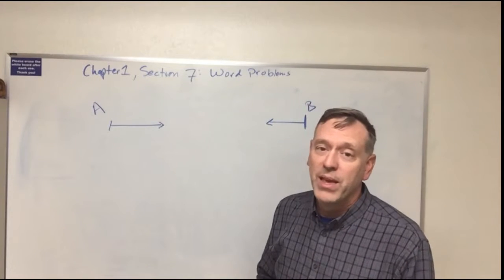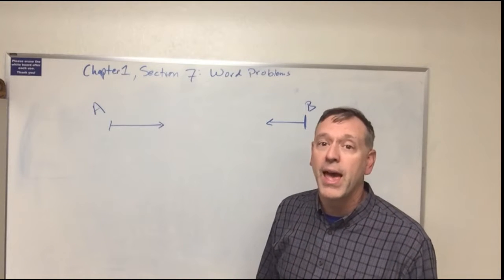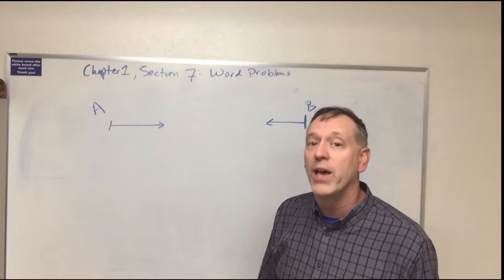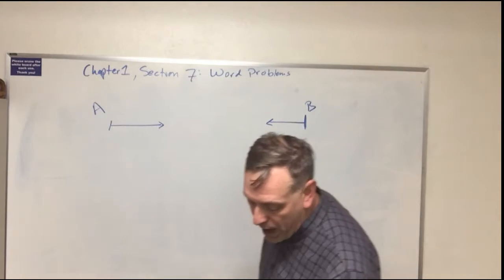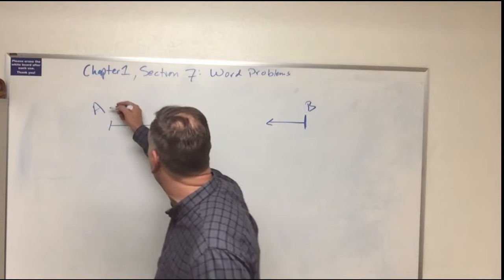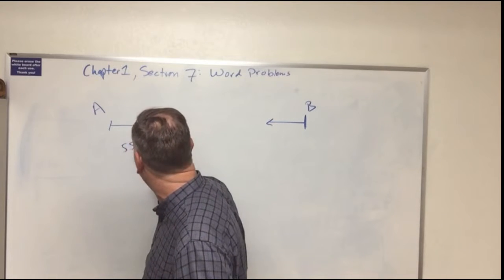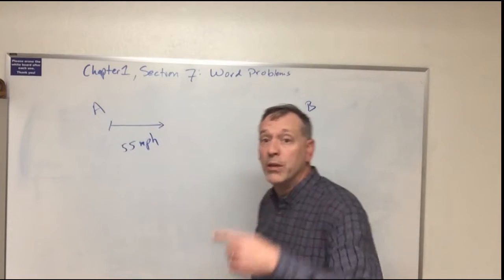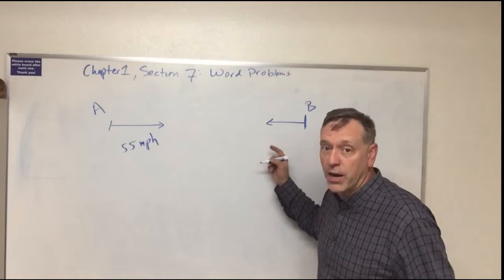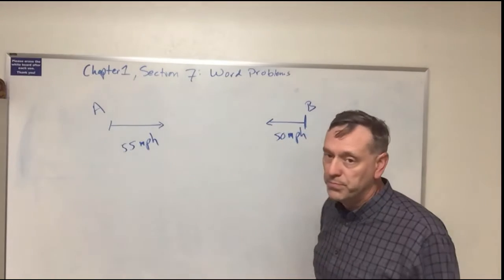What is relevant is that they leave at the exact same time, and the distance they travel and the speed with which they're traveling. So we find out that this car leaving from A going to B is going 55 miles per hour, and this car is going 50 miles per hour.